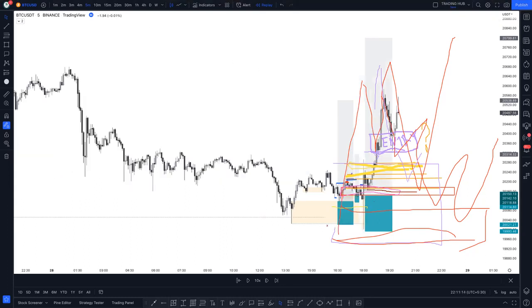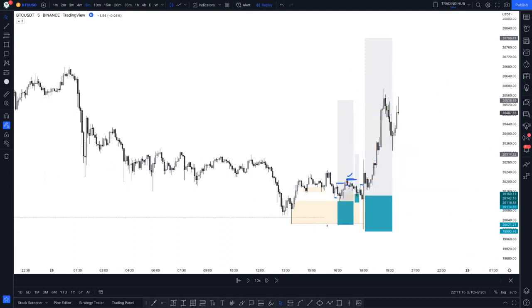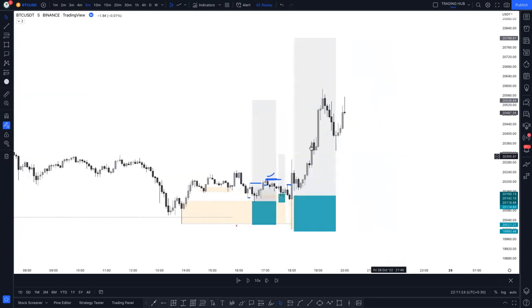Okay, it's not a sweep. That candle can work as an entry candle, like this one. This order block, sweep or not?